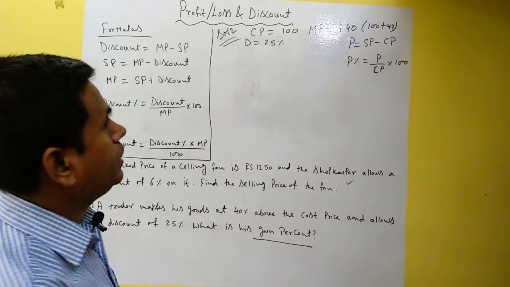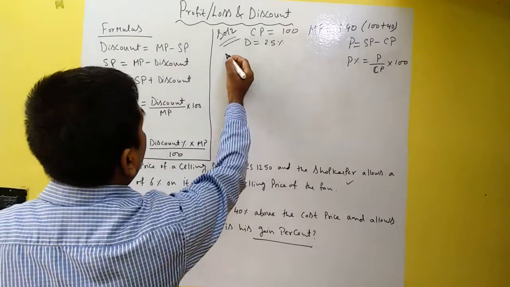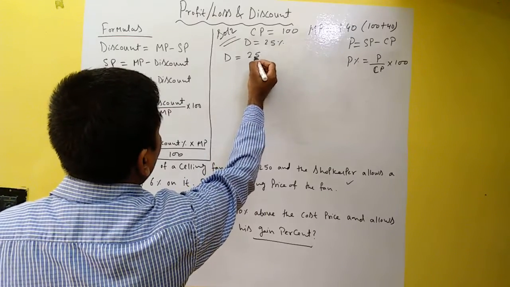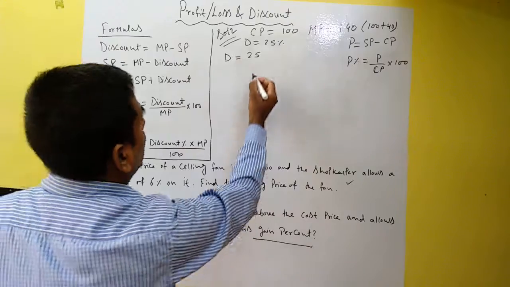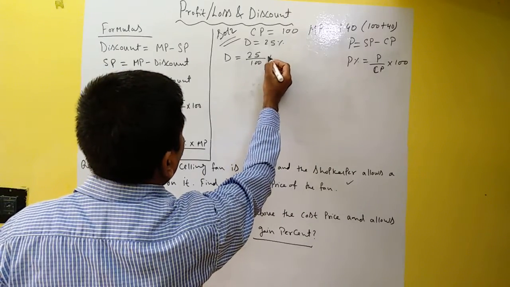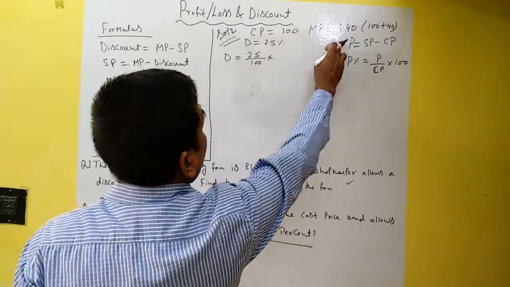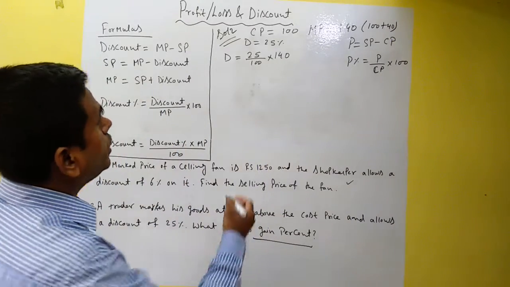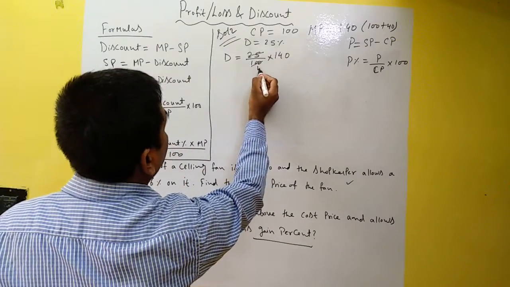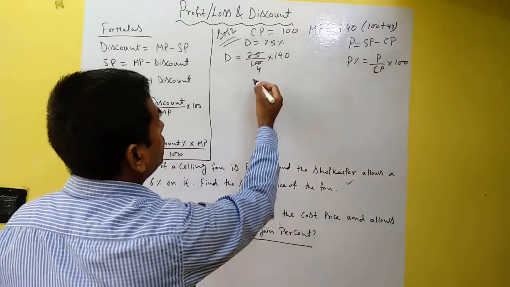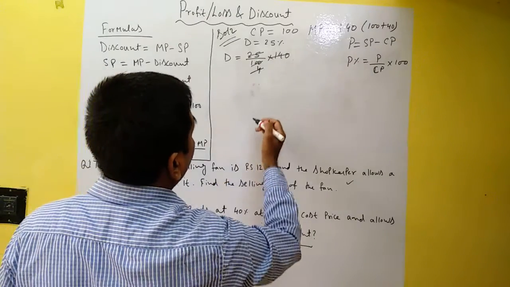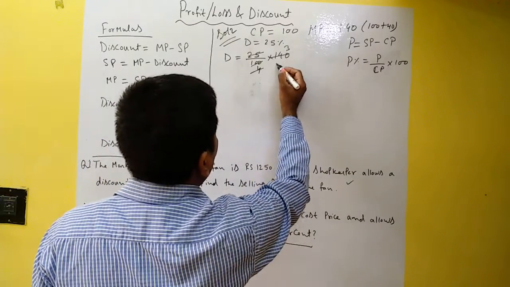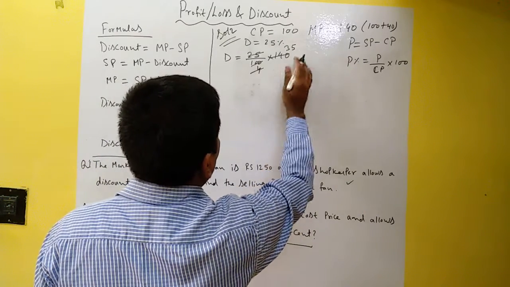We will use this formula to find the discount in rupees. Discount is given in percentage. Discount in rupees is equal to discount percentage upon 100 into marked price. Marked price is 140. Now 25 fours are 100, and with 4 we cancel 140. It becomes 4 threes are 12 and 4 fives are 20.